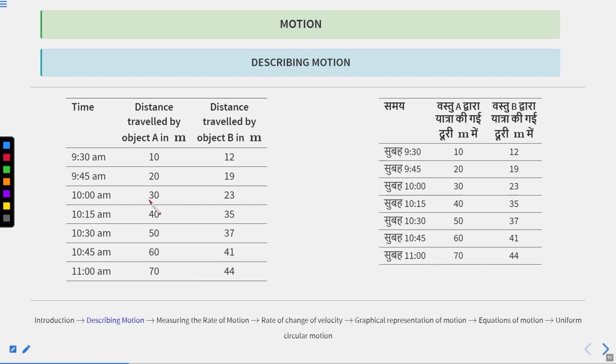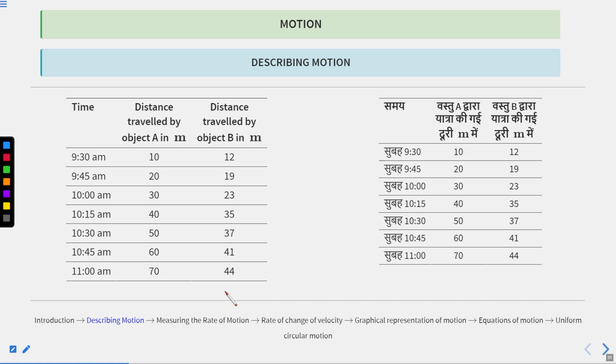At 10 a.m. for A, it is 30 meters and for B it is 23 meters. And similarly, we have taken the readings till 11 a.m., when the distance traveled by A is 70 meters, whereas B is 45 meters. So, what is the definition of uniform motion and non-uniform motion?